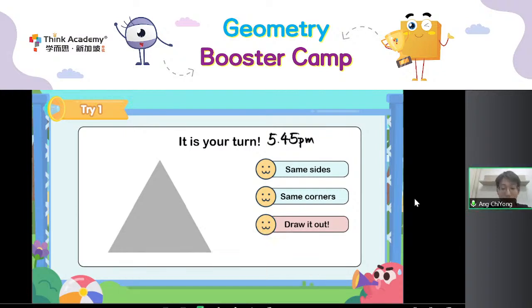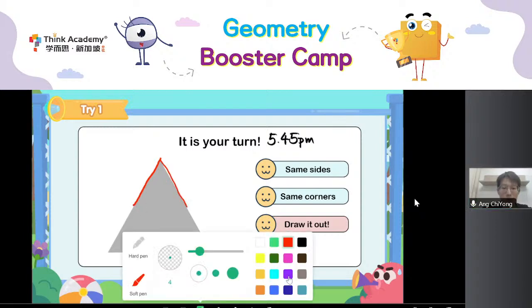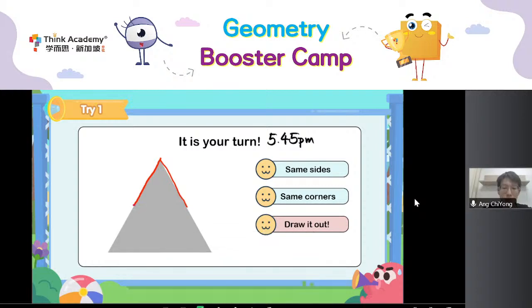In the meantime, if you need some help, I will secretly draw my first triangle over here. I will do it very, very slowly. Ooh.